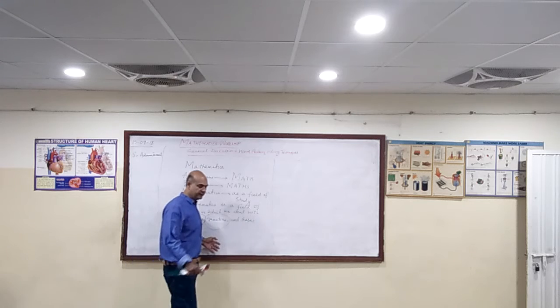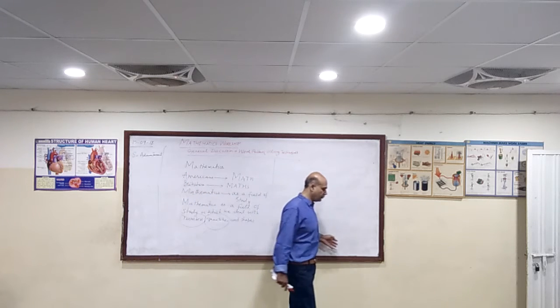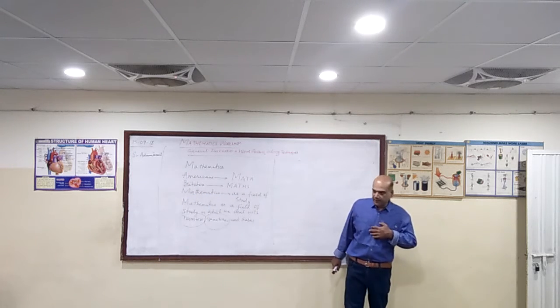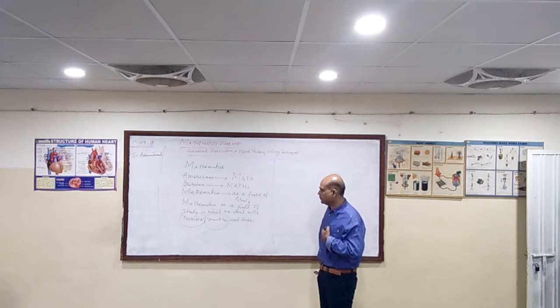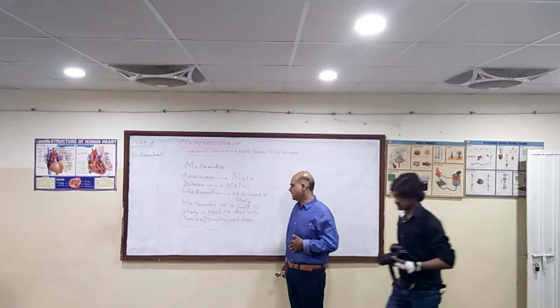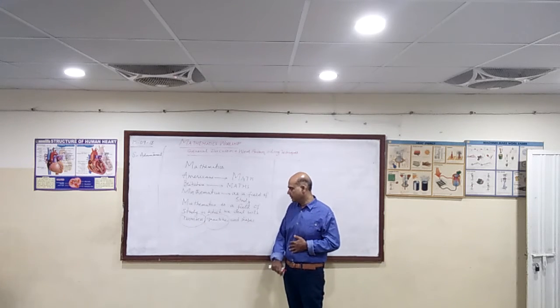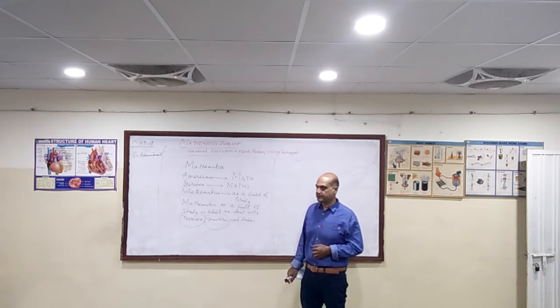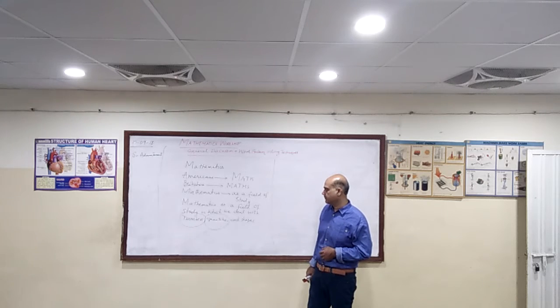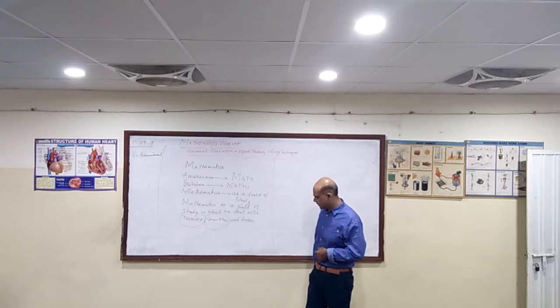We have got different definitions of mathematics from teachers. They have given me some very good ideas, but a more concise or specific definition is that mathematics is a field of study in which we deal with numbers, quantities, and shapes.